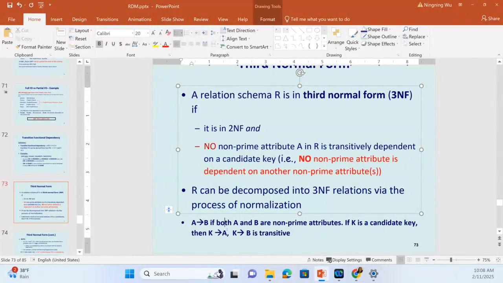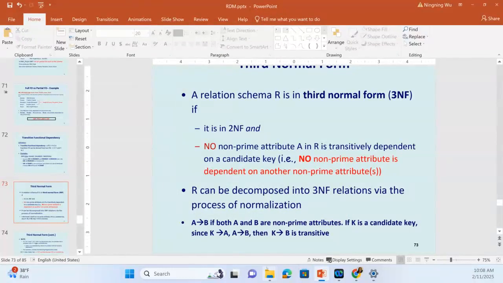So K determines A, that's the default functional dependency. Then A determines B, that's the given. Then we have K determines B as transitive. It means that attribute B is transitively dependent on the primary key. That's not considered good.